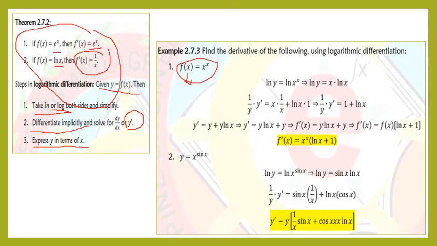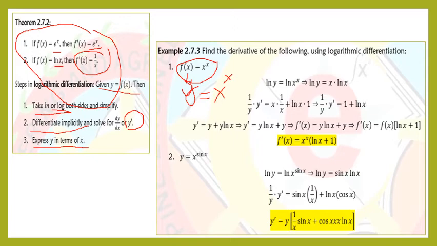Kasi di ba given y equals f of x. Ibig sabihin si f of x, equal lang din yan sa variable y. So, ln of y, okay, y equals x to the power of x. Ibig sabihin nun, before kayo mag-proceed sa step 1, kailangan yung function natin, kung hindi siya naka-express in terms of variable y dito sa left side, i-express muna natin in terms of y. Okay, so y equals x to the power of x.